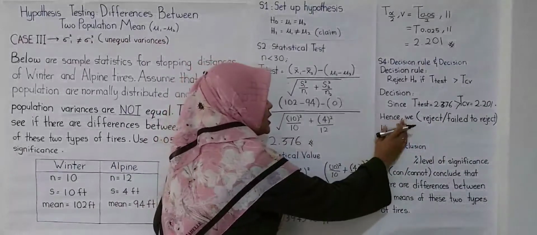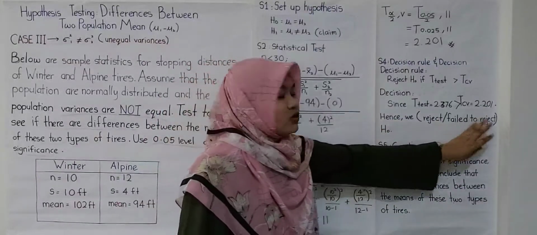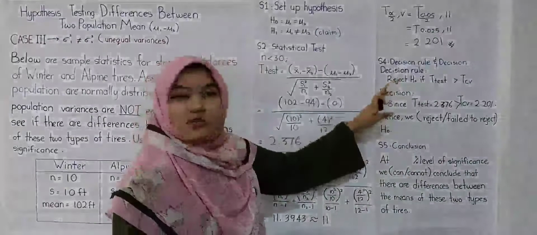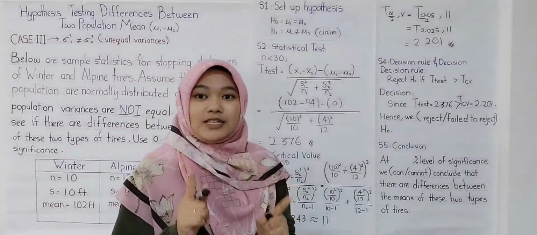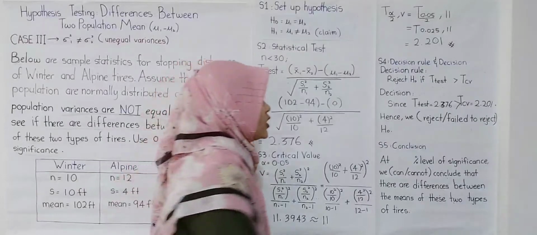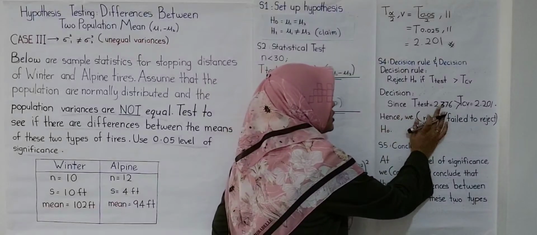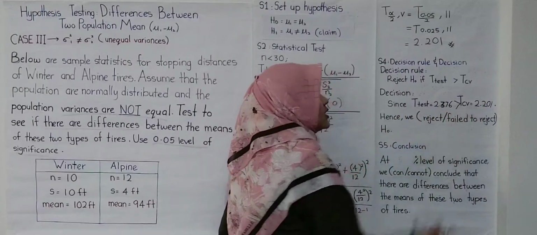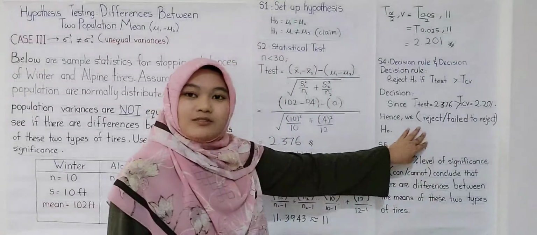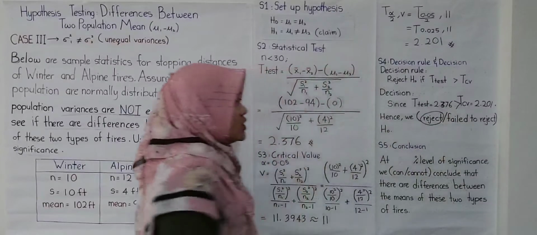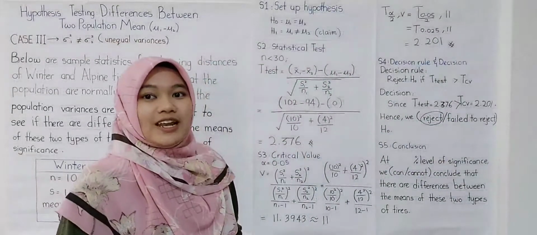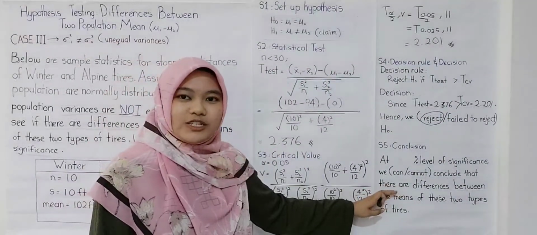Hence, do we reject or fail to reject? Looking at the decision rule, we reject H null if our t-test is bigger than the t critical value. So we reject H null.